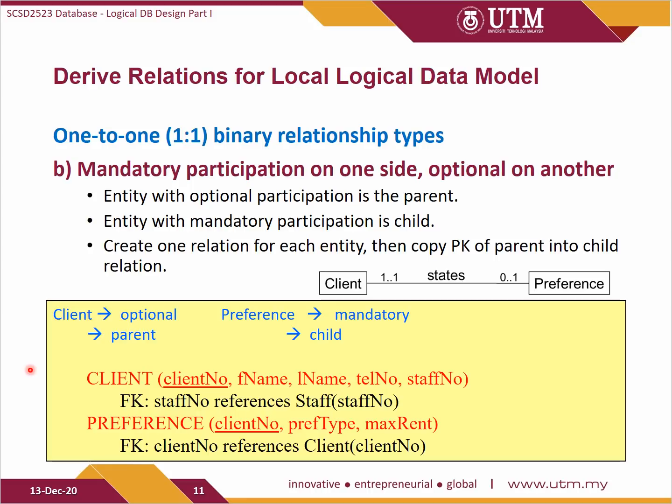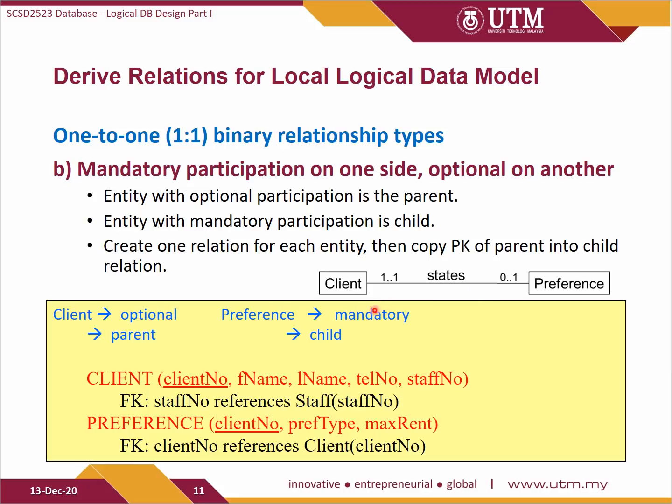Okay, based on the example of one-to-one, client states preference relationship in these slides, we can see that the client entity has optional participation in this relationship.